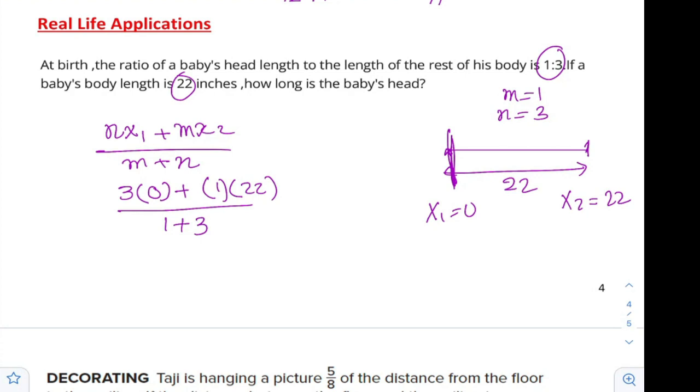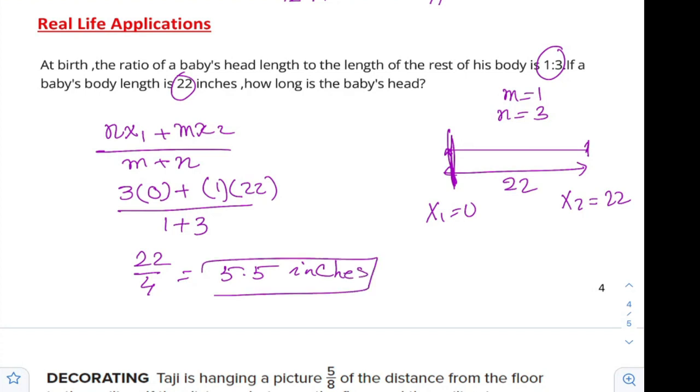So starting from 0, ending at 22. So x2 is 22, m to n, so 1 to 3. So it is 22 over 4, which is 5.5 inches. This is the length of the baby's head.